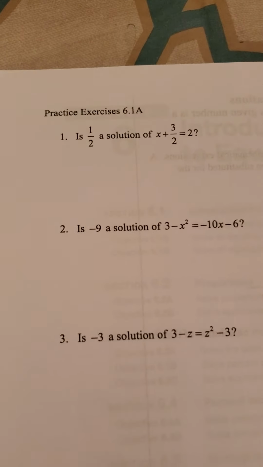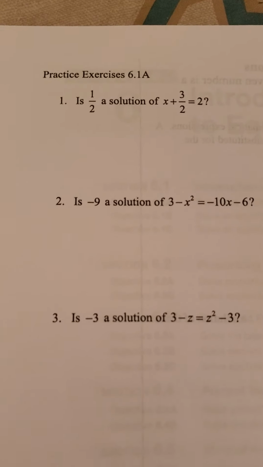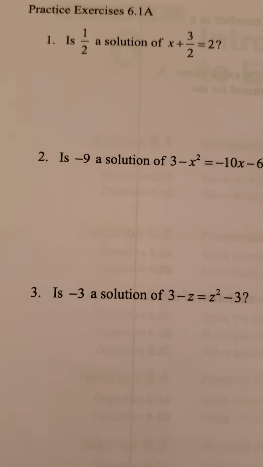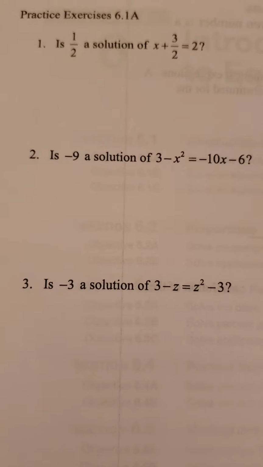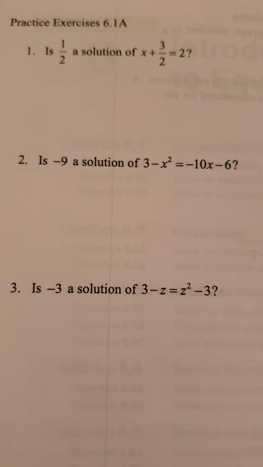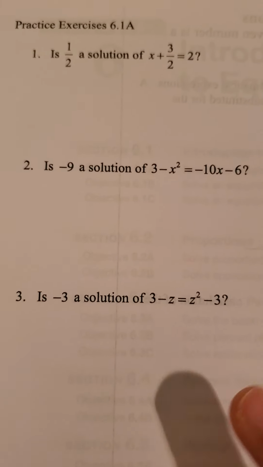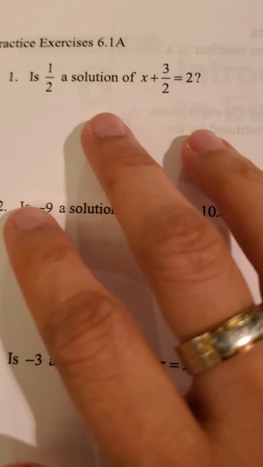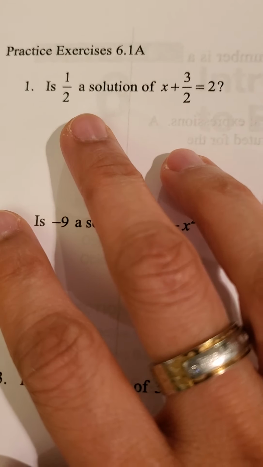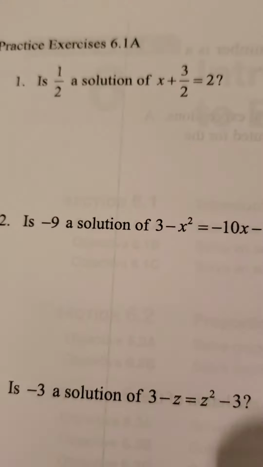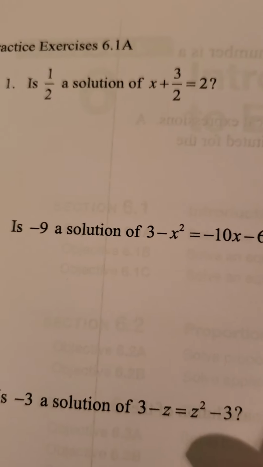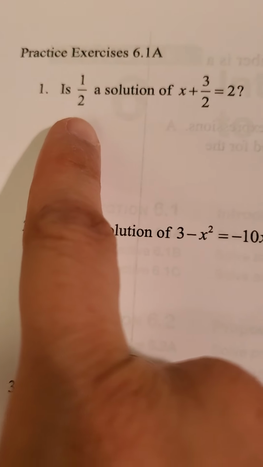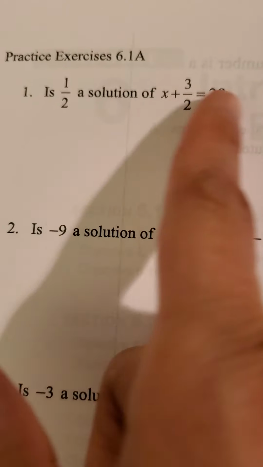All right, so it looks like you're in luck. I didn't see a combination of both, at least in this stage of the game. This is for my pre-algebra introductory algebra students, and not for the students who are deep into algebra already. But they did provide an example where they ask, is a half or is some number a solution to an equation? And all you have to do is substitute that given number where your unknown is and work it out to see.